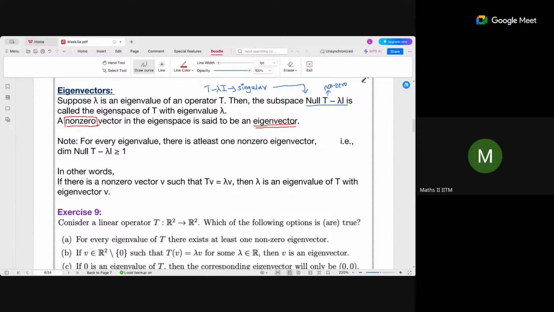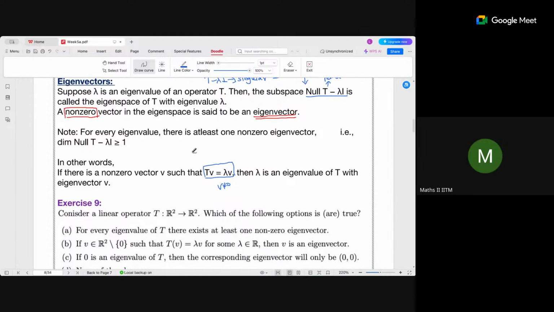Because this null space is non-zero, so the dimension is at least one. In other words, there is a non-zero vector v such that Tv equals lambda v. If you have such an equation, then we say that lambda is an eigenvalue with eigenvector v. This is the usual definition you can see in many places.